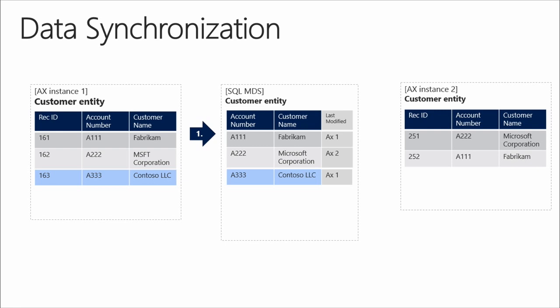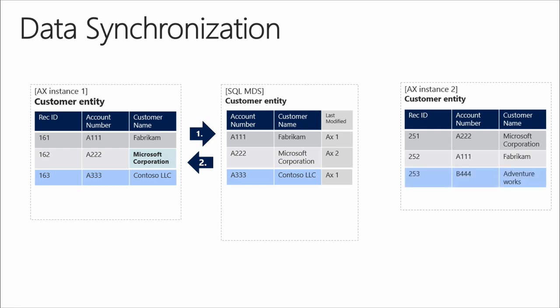And then when the pull happens, you'll notice that Microsoft Corporation, the customer A222, gets pulled into AX instance 1, and the customer name gets updated from MSFD Corporation to Microsoft Corporation.